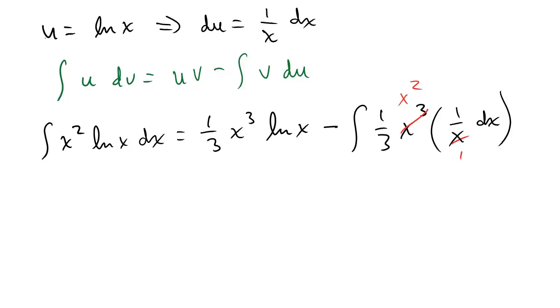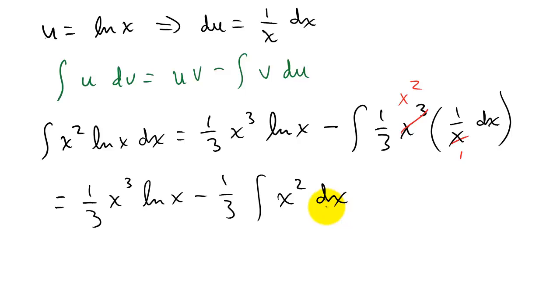Alright, so now this is equal to 1/3 x cubed natural log x minus, and I'm going to go ahead and bring the 1/3 outside of the integral symbol, and then that's going to leave me with x squared dx.